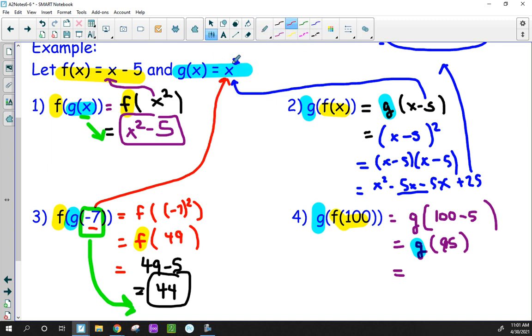The g rule is something squared. My something is 95. So I take 95, I square it, and that should give me the number answer for that problem. 95 times 95 is 9,025. And so that is my answer.